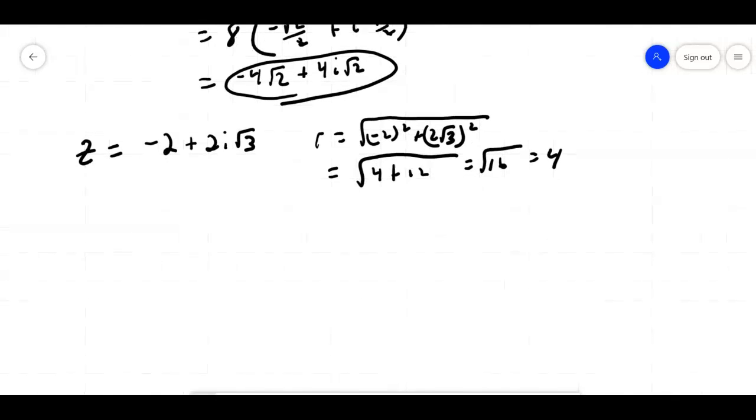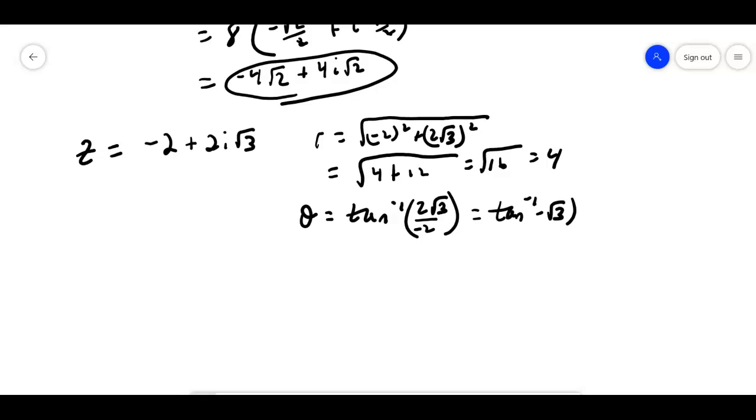Okay, and then for the angle, you do inverse tangent of the y over the x, or the b over the a, however you want to say it. So it would be 2 root 3 over negative 2, and those 2's will cancel. So it's inverse tangent of negative root 3.